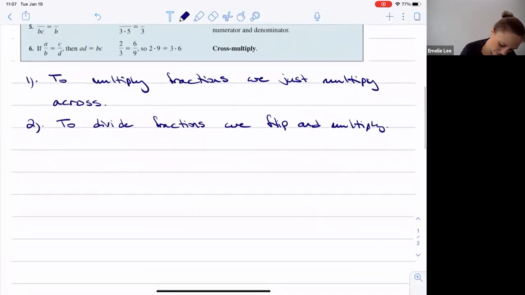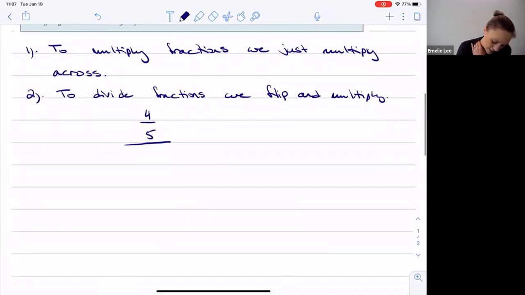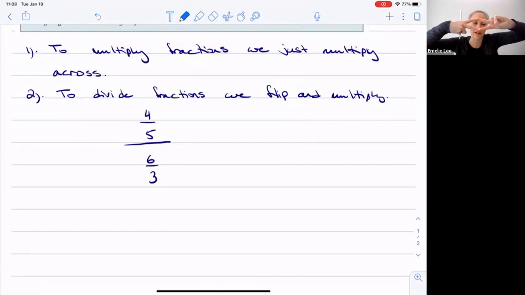But if you've got something like, well, maybe let's use real numbers instead of these variables. So if you've got something like 4 over 5 divided by 6 over 3, for example, the first thing you have to do is put the 4 over 5 on top of 6 over 3, and then you flip that denominator and multiply.